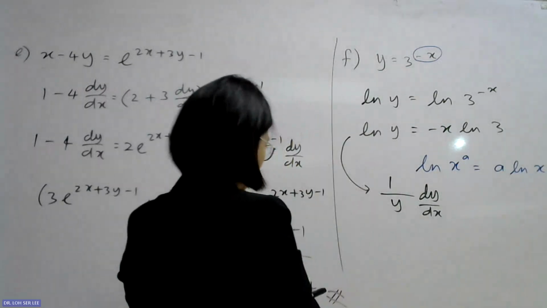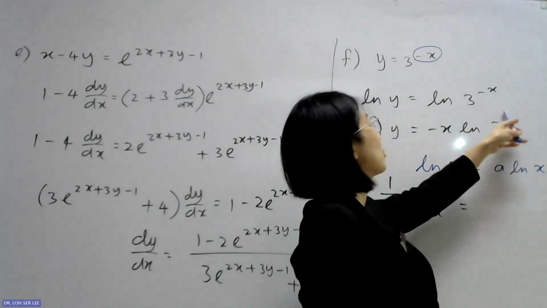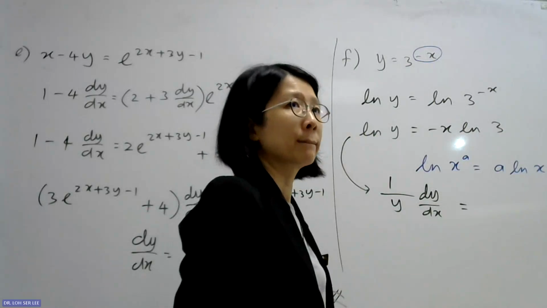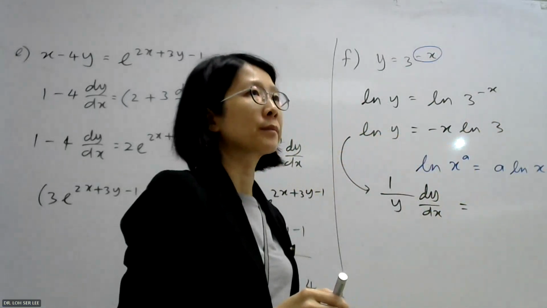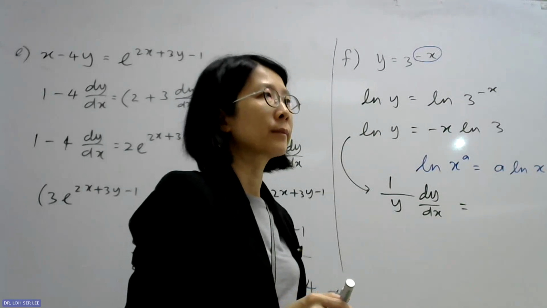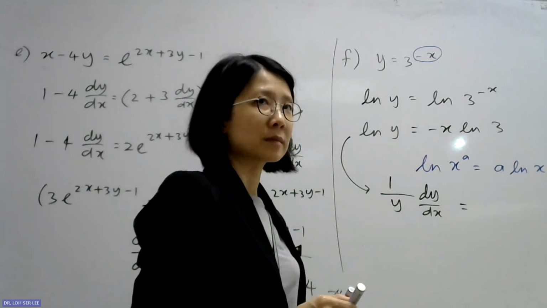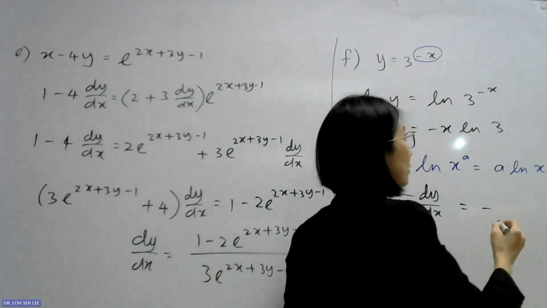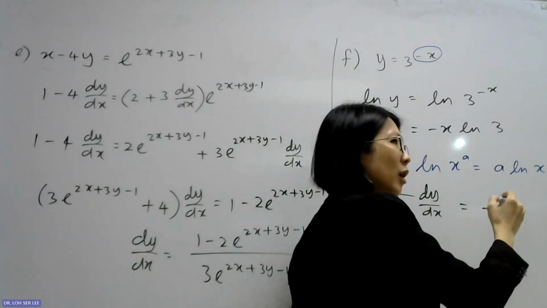So on the right, when you differentiate this one with respect to x, what do you get? Negative 1 over... differentiate this one with respect to x. Negative ln 3.